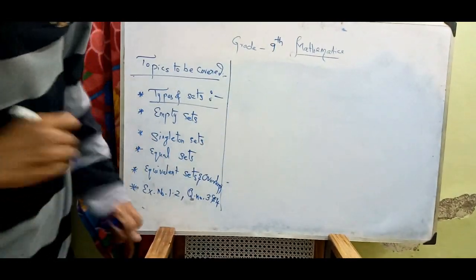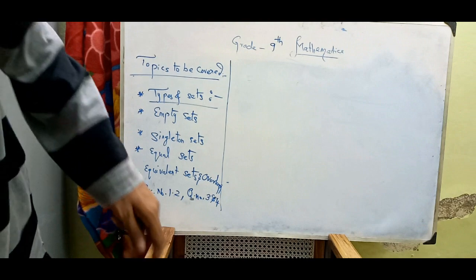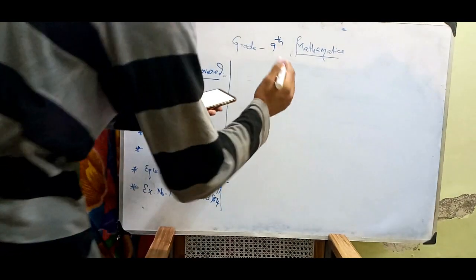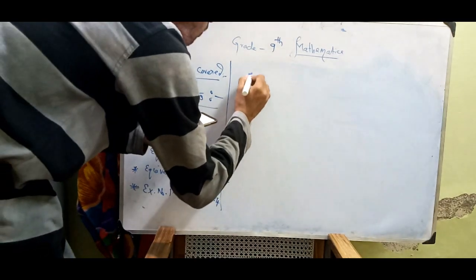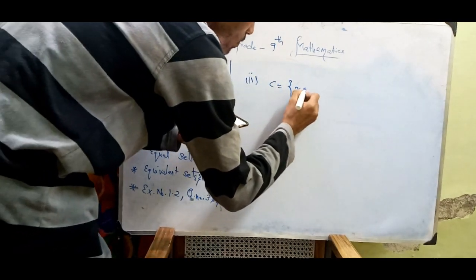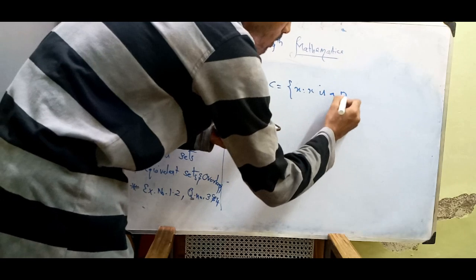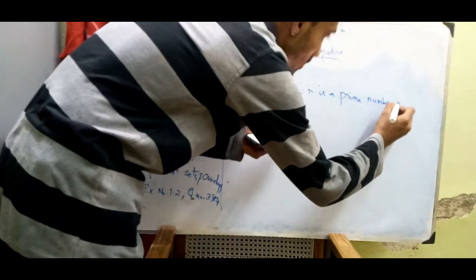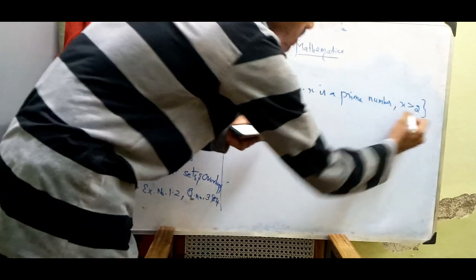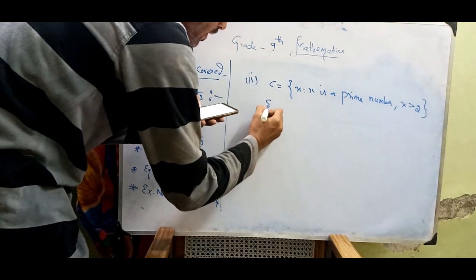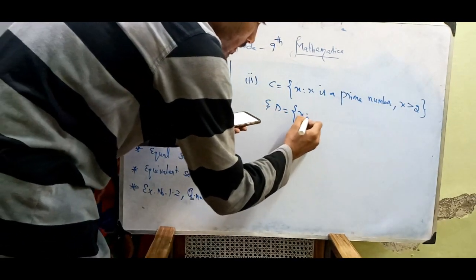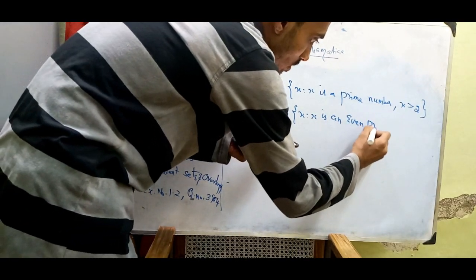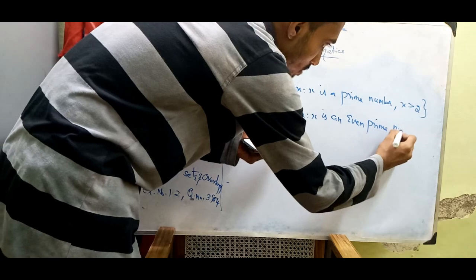So second question is, C equal to x such that x is a prime number. Condition is x is greater than 2, and D equals x such that x is an even prime number.